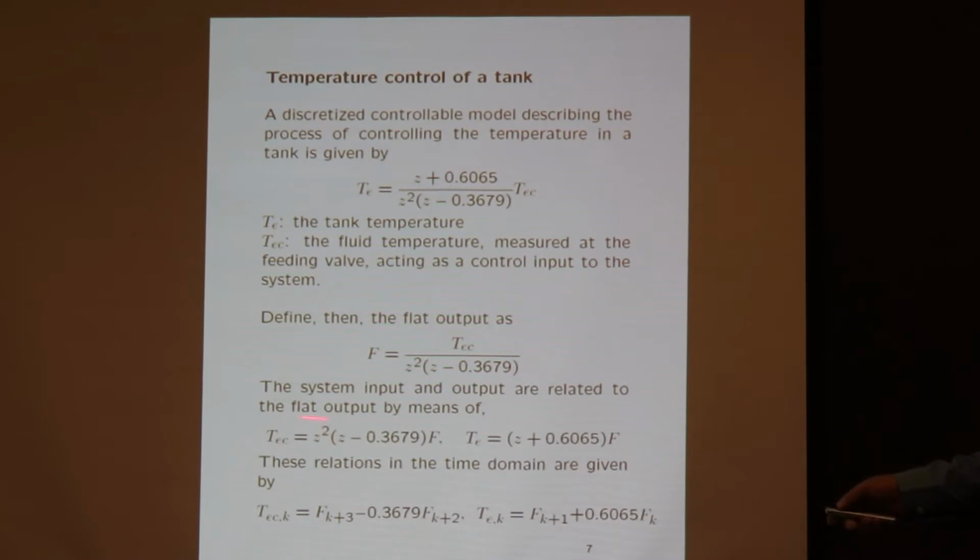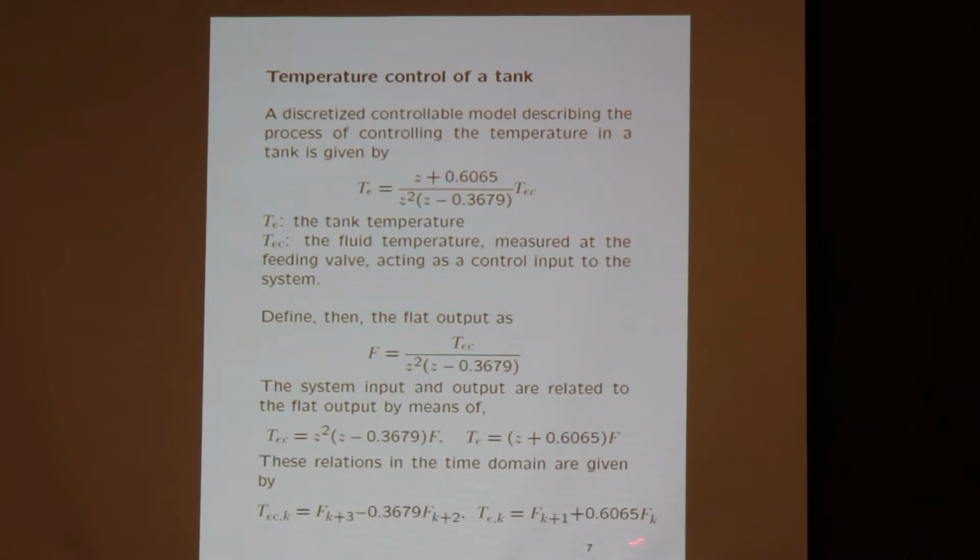So those relations in the time domain simply mean that the input temperature is this function of the flat output taking into account forward time shifts of the flat output of order 2 and 3, and a linear combination of those two forward time shifts gives you the input. And the output will also be a combination of forward time shifts of the flat output.